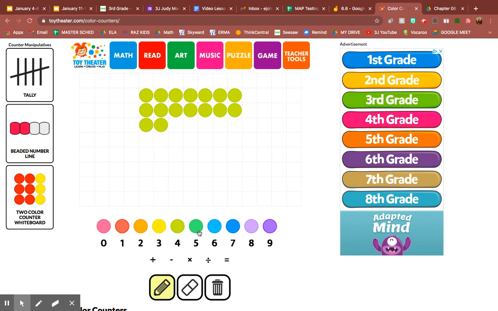That equals 14. There's 3 rows of 7, which equals 21. And 4 rows of 7, which equals 28. So this goes along with 28 objects divided up into 4 rows equals 7 in each row. So 28 divided by 4 equals 7.